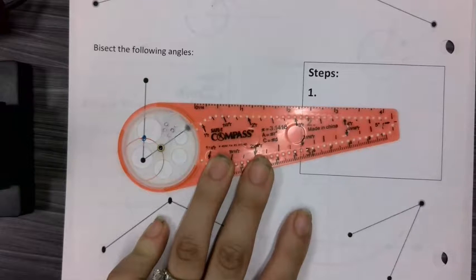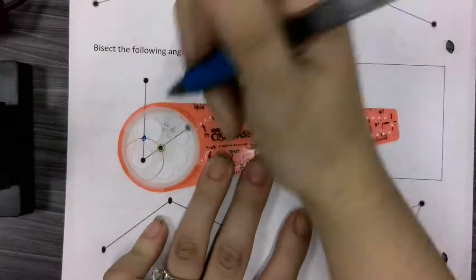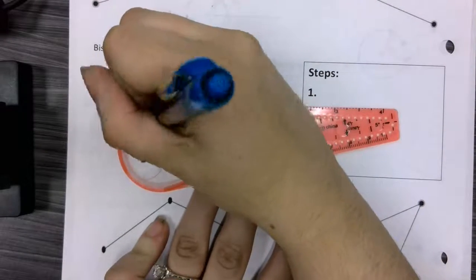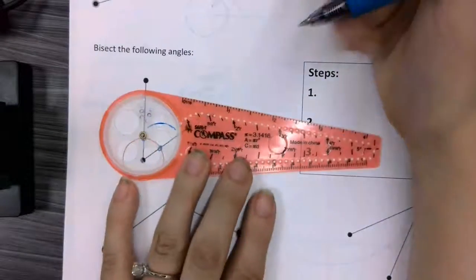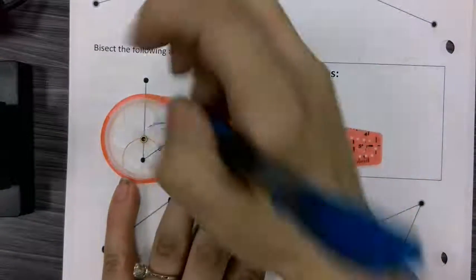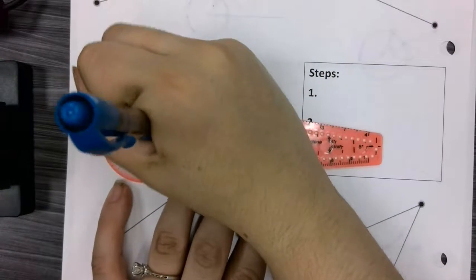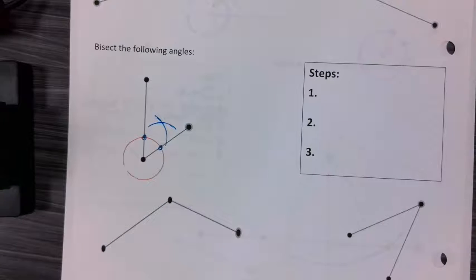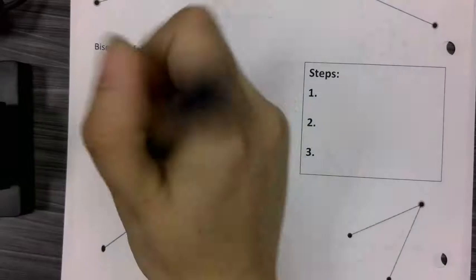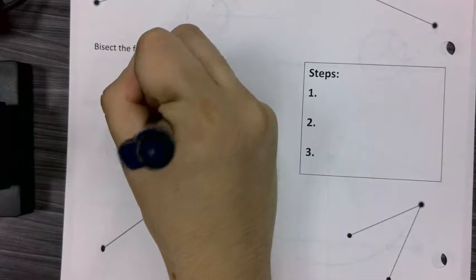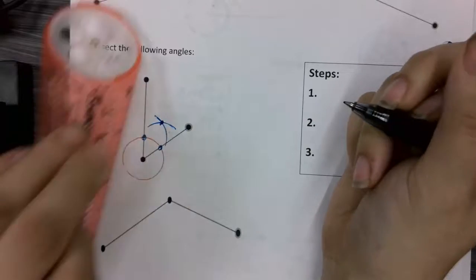It doesn't matter what size I pick, it just has to be the same as the other side when I go do it. So I'm going to pick this one, and then I'm going to go over here and do the same size one. Okay. So now that I have two circle pieces crossing, I'm going to put a dot where they cross, and that dot gets connected to my vertex.